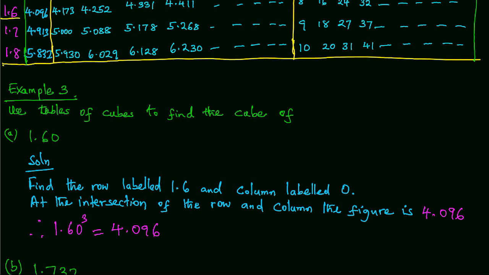And column labeled 0. So the point of intersection of the two is 4.096. And therefore, the cube of 1.60 is 4.096 to 4 significant figures.